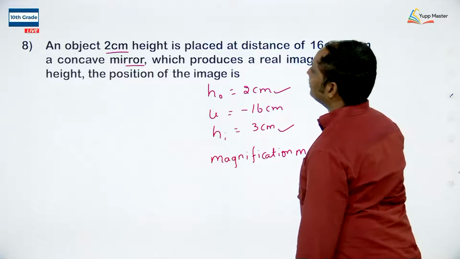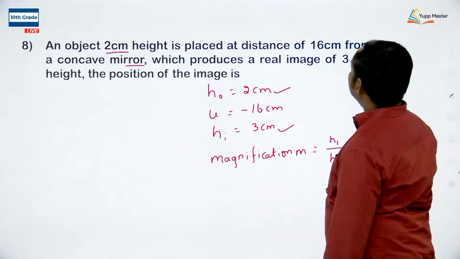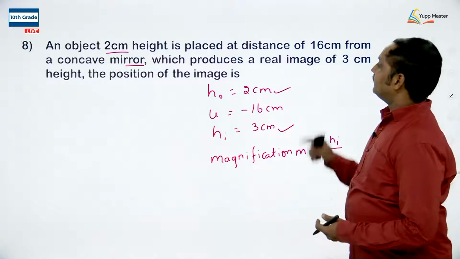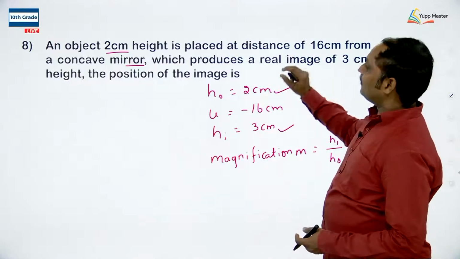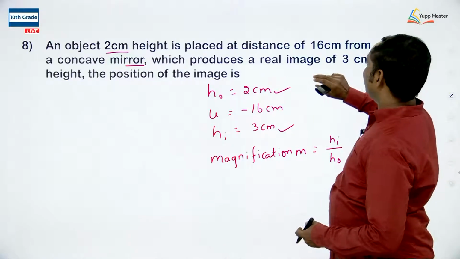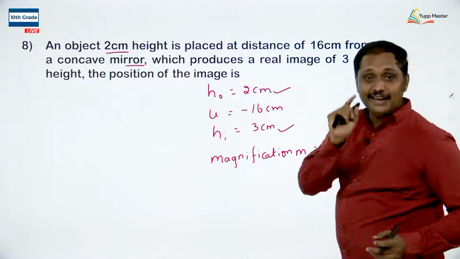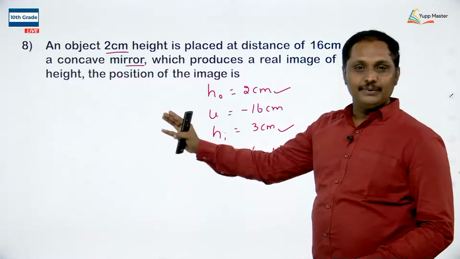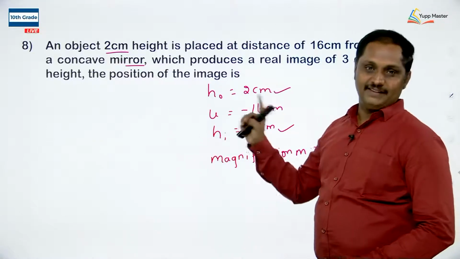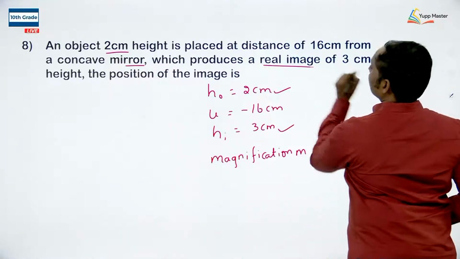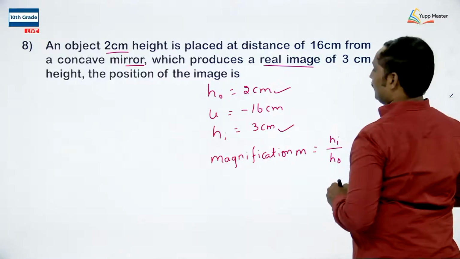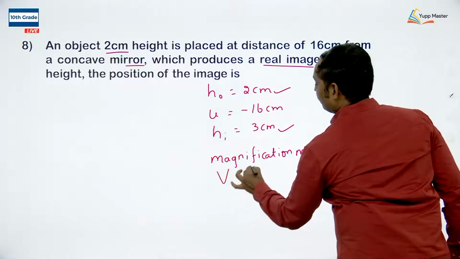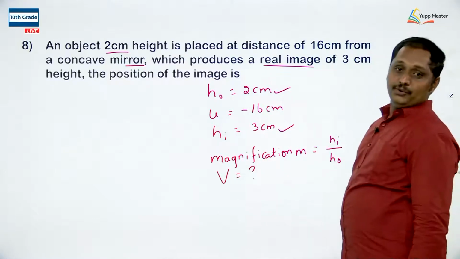For a real image, the image has been formed in front of the mirror, so we have to consider the real image case. Now you have to find out v is equal to question mark.